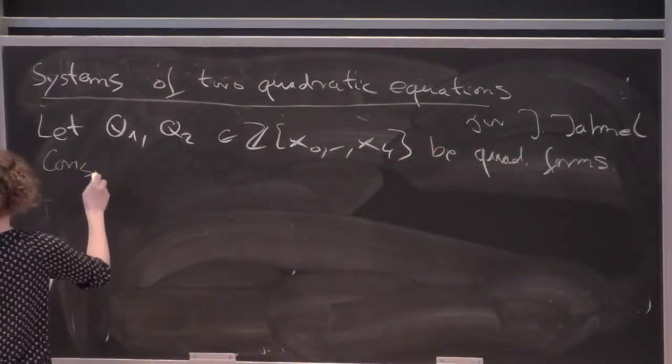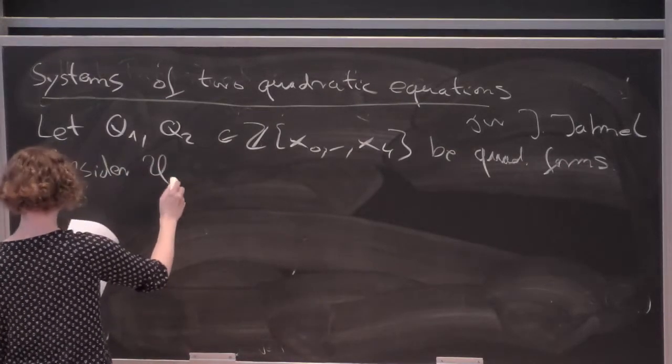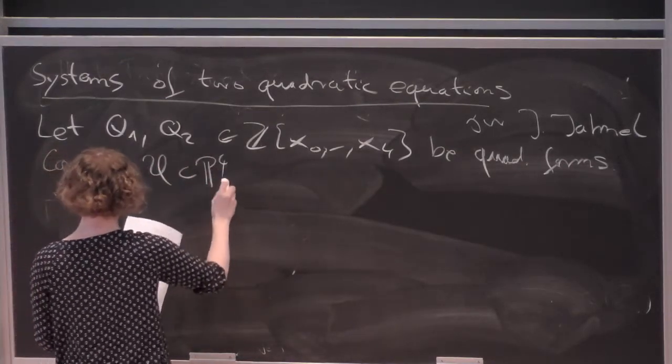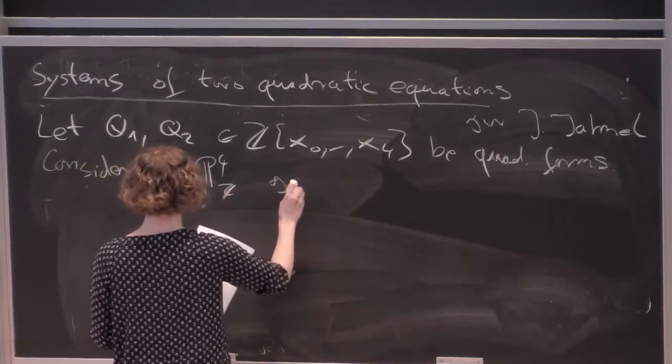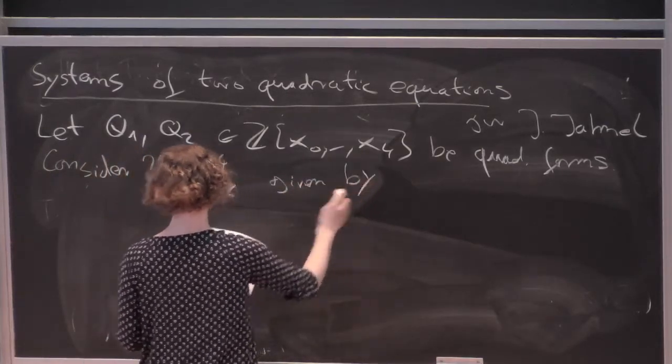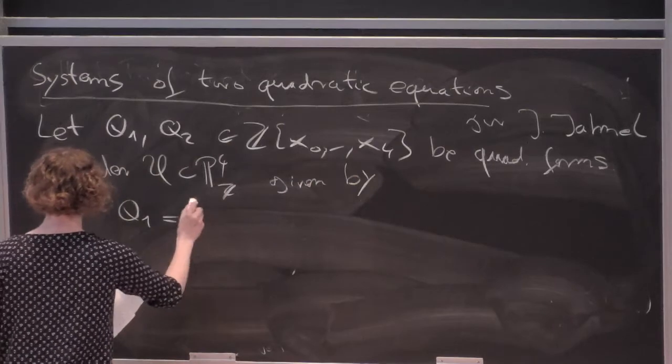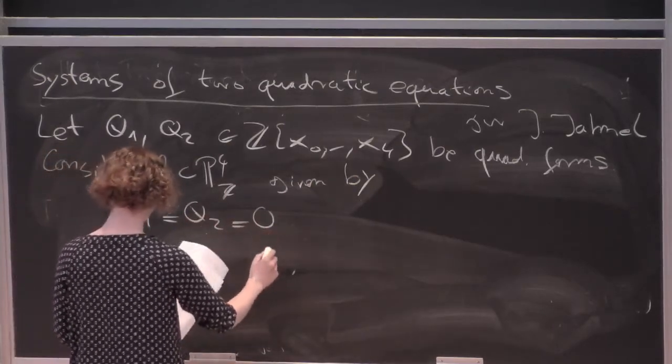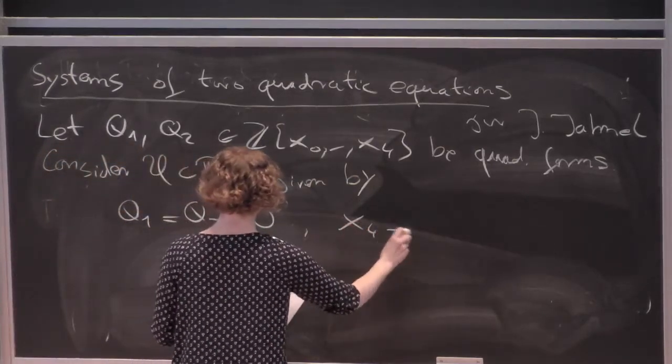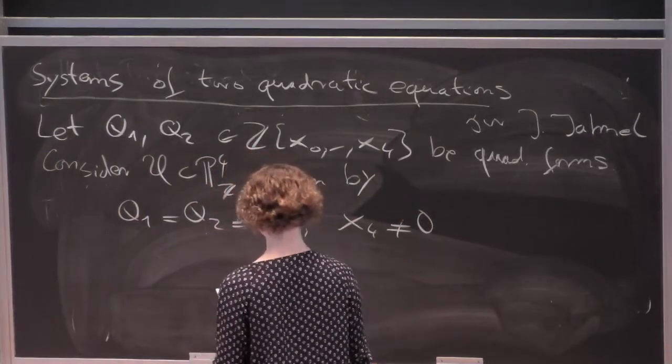And then you can consider the open subscheme in P4, which is given by Q1 equals 0 and Q2 equals 0, and x4 not equal to 0.